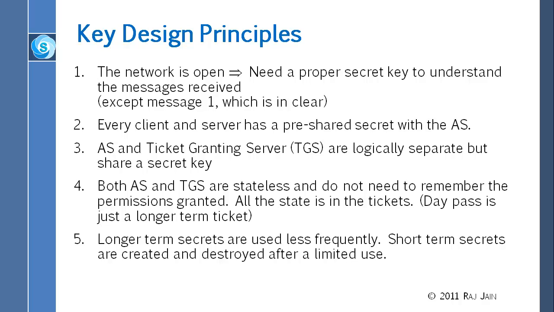So AS is the authentication server, and every user has to have a password or some secret with the authentication server. It's like your WashU key password, right? And every service has the same with the server. So every print server and any other service that needs to serve the users will also have a secret with the KDC, right? Authentication server.